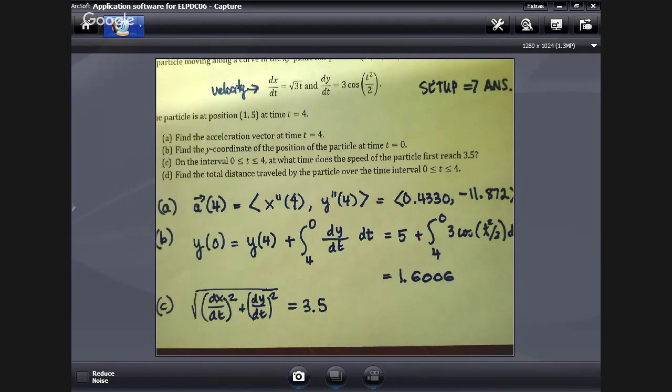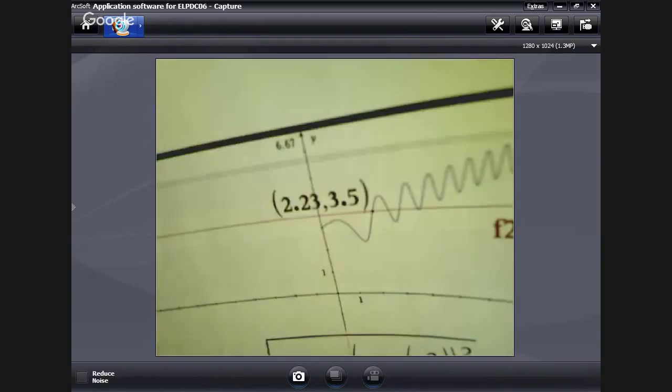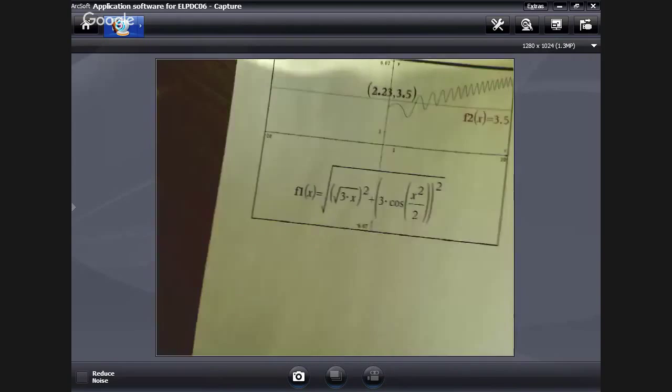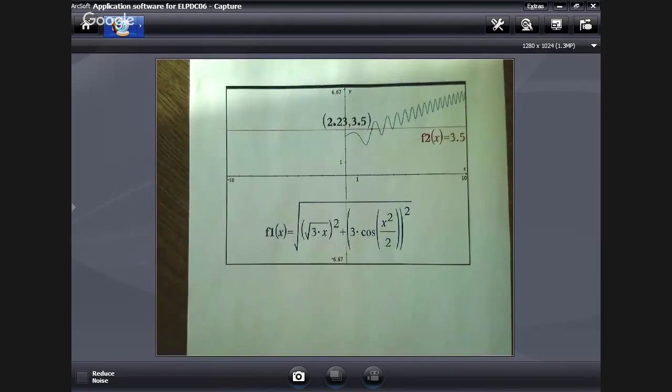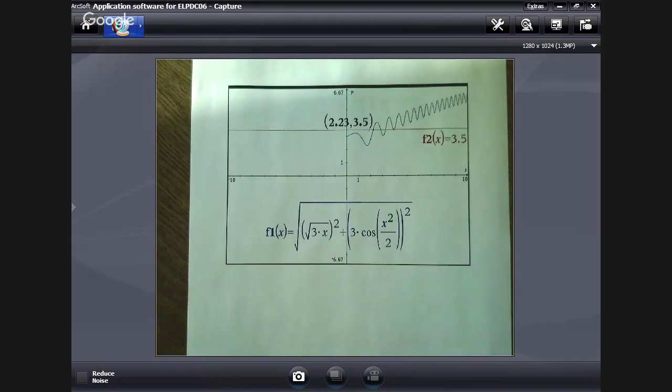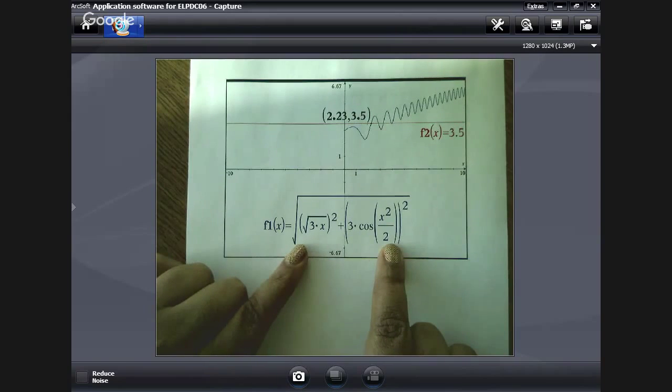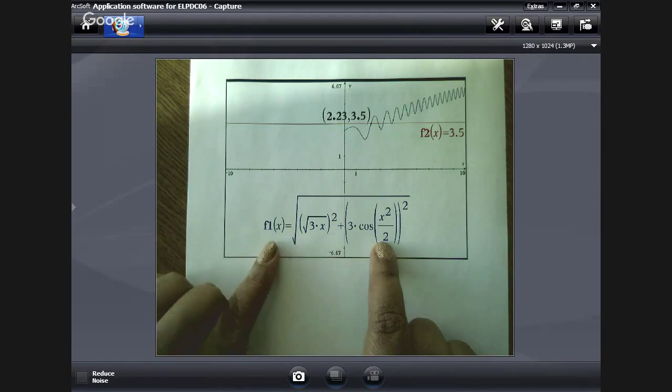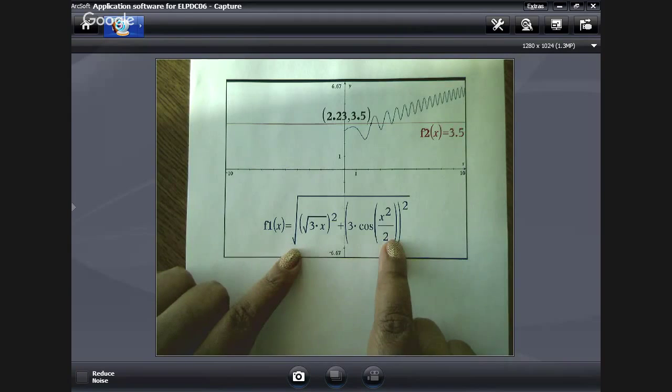Luckily for you, I have prepared a picture, and I hope you can see it. You can see that, right? So here's my speed expression, right? dx dt was the square root of 3t, and dy dt was 3 cosine t squared. Now these have x's because I graphed them in the function window and not the parametric window, so that's why they have x's, but that's the speed expression.